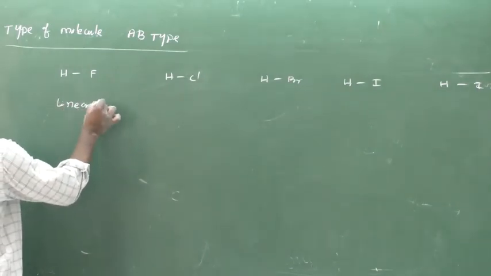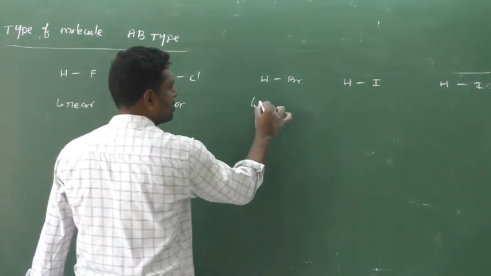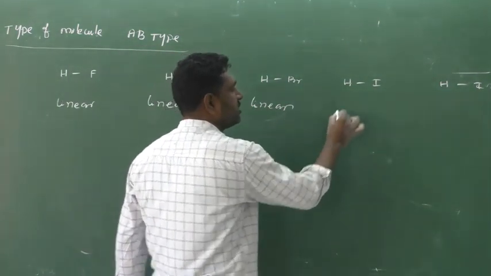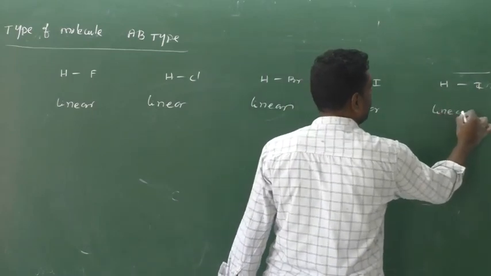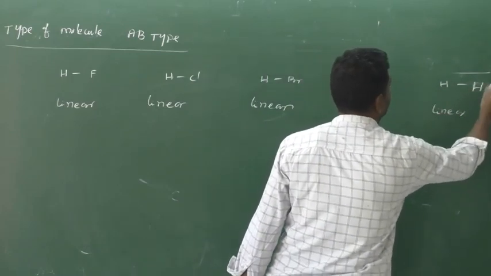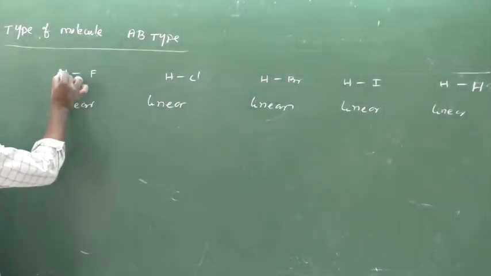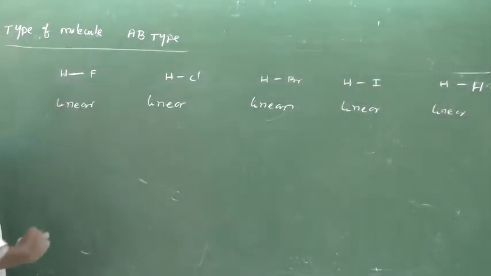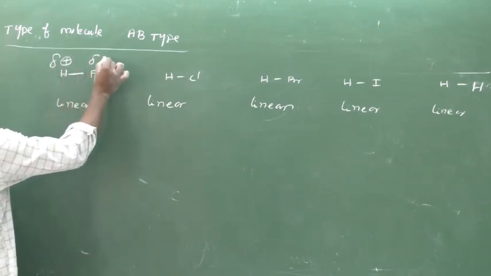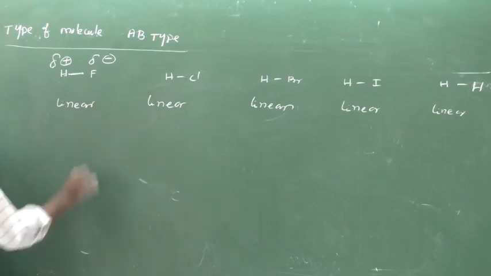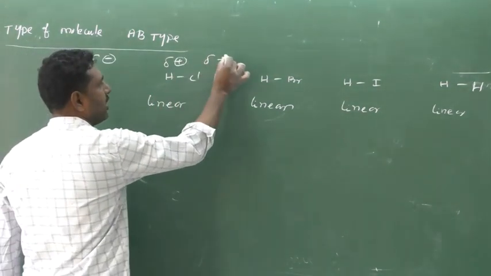This is also linear, this is also linear, and HH, hydrogen, is also linear. Here, one atom has less electronegativity than the other, therefore it gets a positive charge and the other gets a negative charge. The same is true for each of these: positive charge, negative charge.